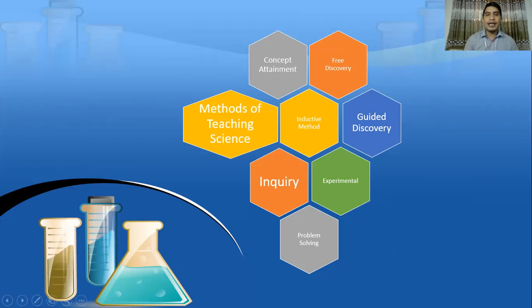The first one is concept attainment method. The second is the free discovery method. The third is inductive method. The fourth is guided discovery method. The sixth is inquiry method. Seventh is experimental method. And eighth is problem solving method.